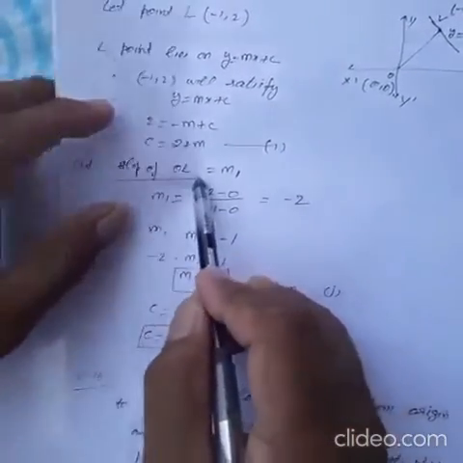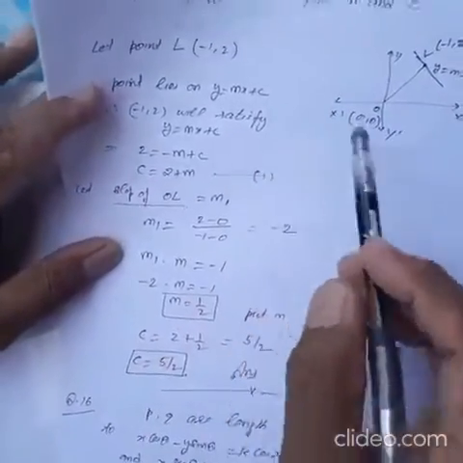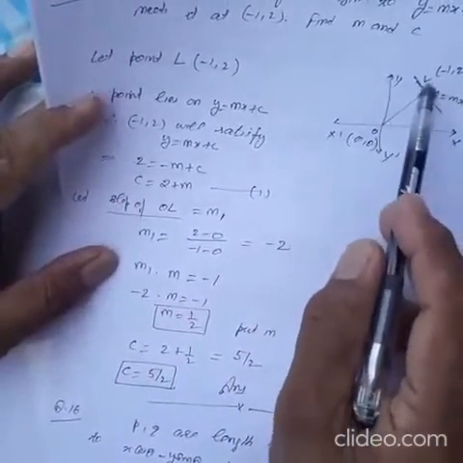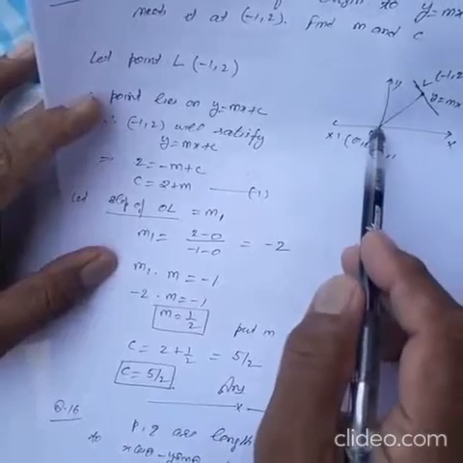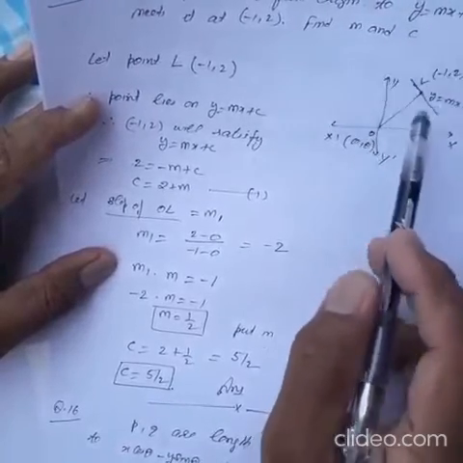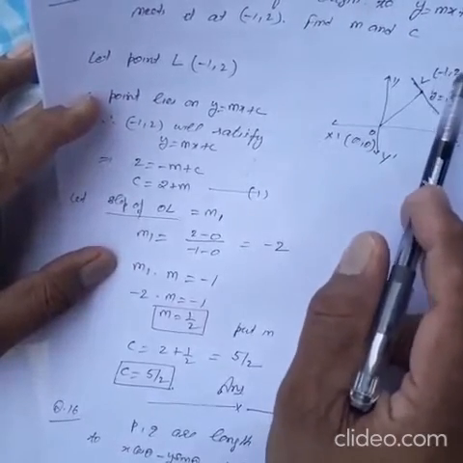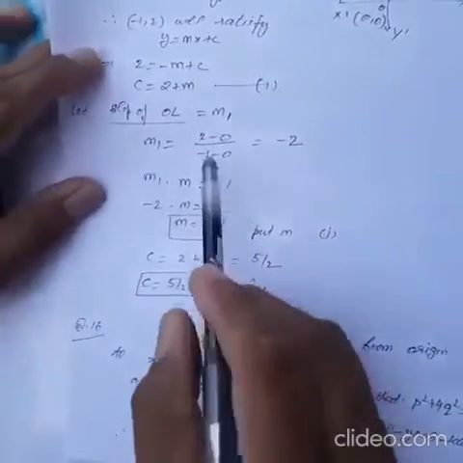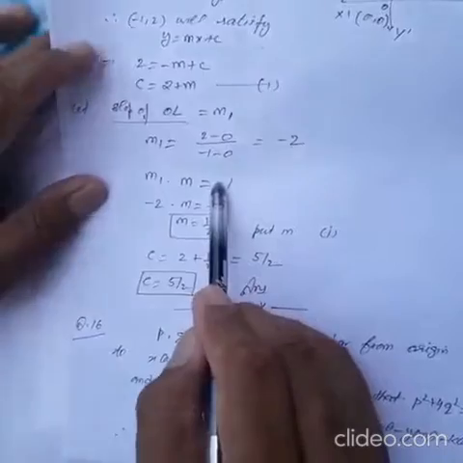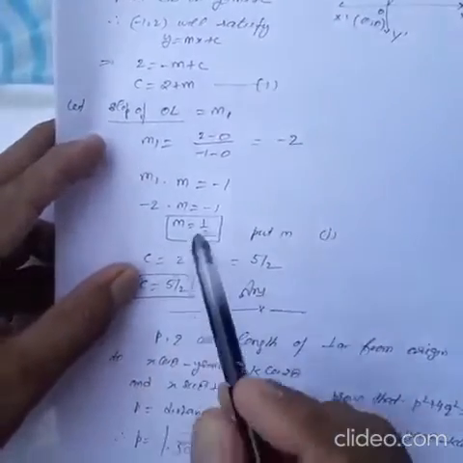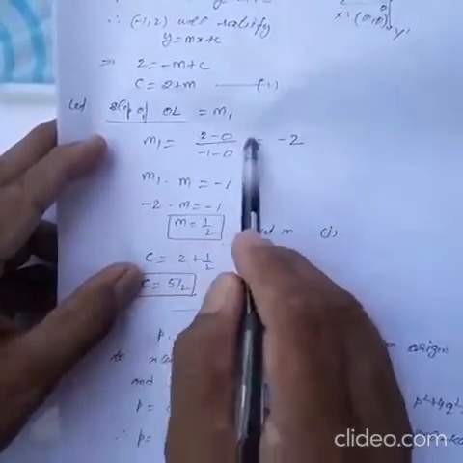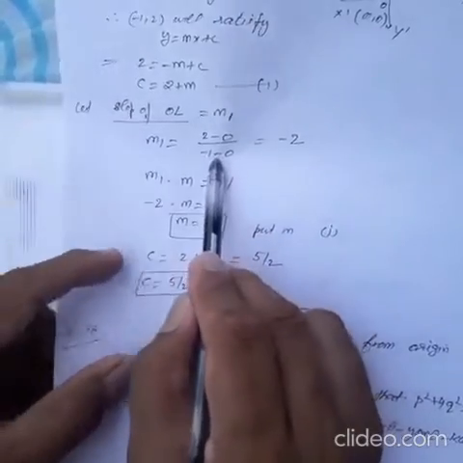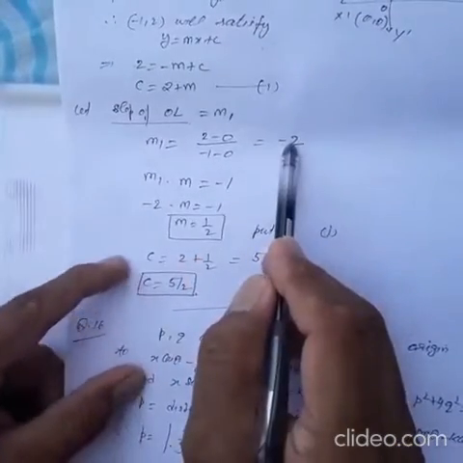Now the slope of OL can be calculated using the two-point form. O is the origin, (0, 0), and L is the point given to us, (-1, 2). The slope is (y2 - y1)/(x2 - x1), so -2 will be the slope.